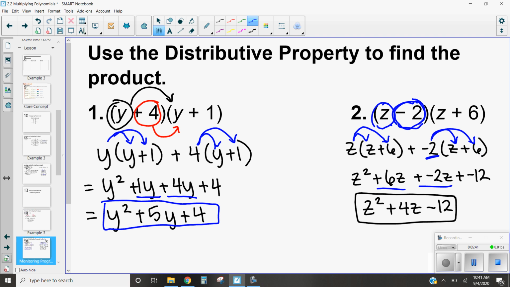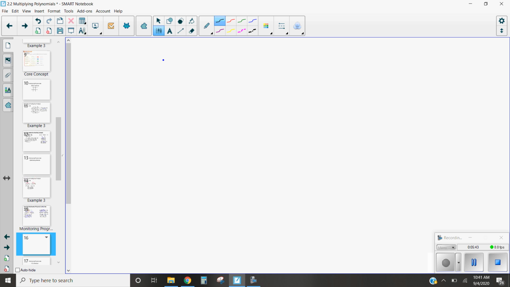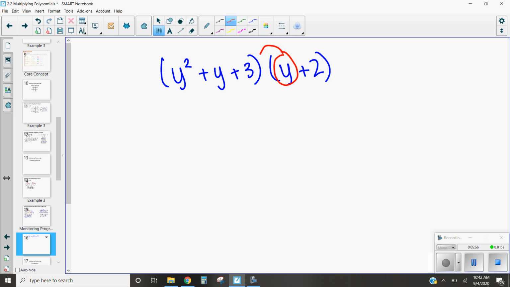Now, if we had an example of one that looked like this, so we had y squared plus y plus 3 times y plus 2, you kind of have two options here. You can either distribute these numbers to this polynomial, or instead of doing that, you could distribute 3 times.